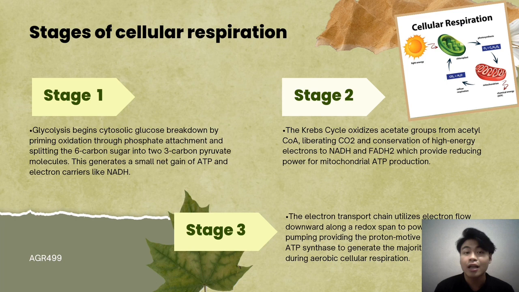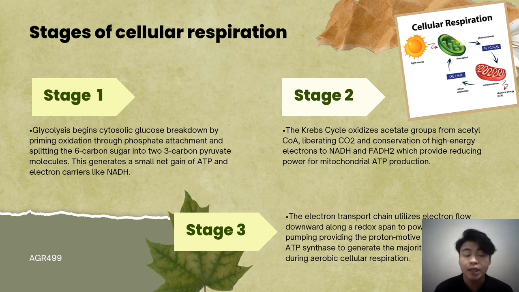Stages of cellular respiration. There are three stages of cellular respiration. Stage 1 is glycolysis, which partially oxidizes glucose in the cytosol, generating some ATP and electron carriers like NADH.